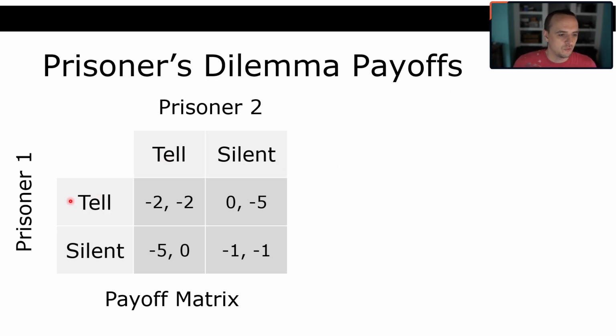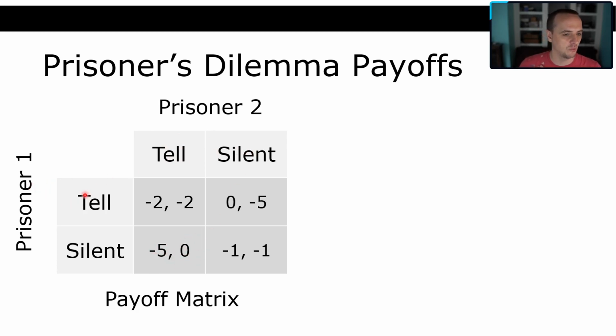So if we both tell, right, we both go to jail for 2 years. If we both stay silent, we both go to jail for 1 year. However, if prisoner one stays silent, prisoner two tells, well, prisoner one is going to jail for 5 years, and prisoner two is getting released.